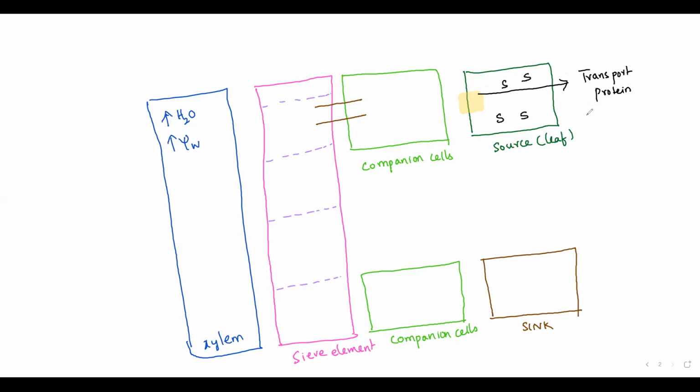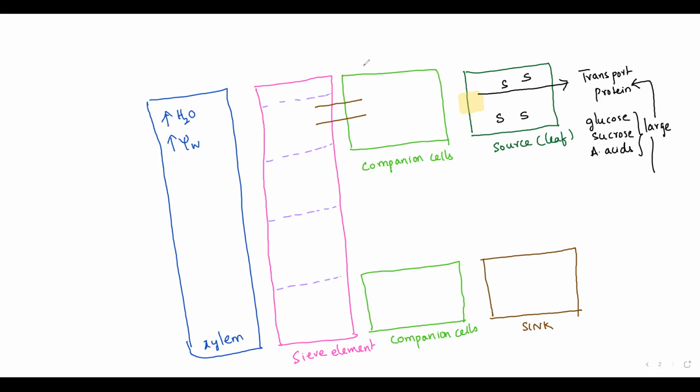Remember that glucose, sucrose, amino acids are all large molecules. Large sized molecules can only be transported through transport proteins. They can't be transported directly through the membrane. They need a transport protein.